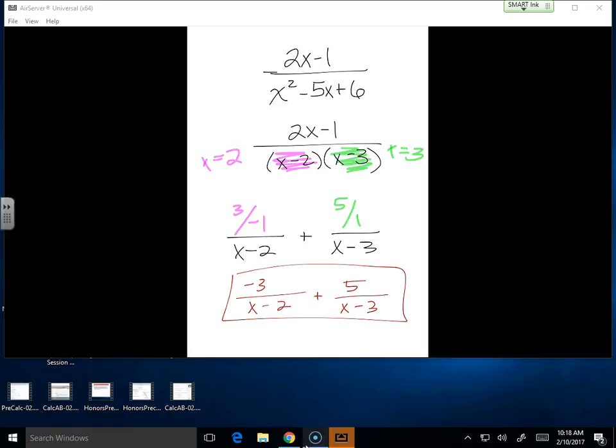Double check the math. Double check what you covered and how you covered. I'm going to pull apart the shading just so that you guys can see the original function. I had to factor. Make sure you factored right or else it would have been wrong.